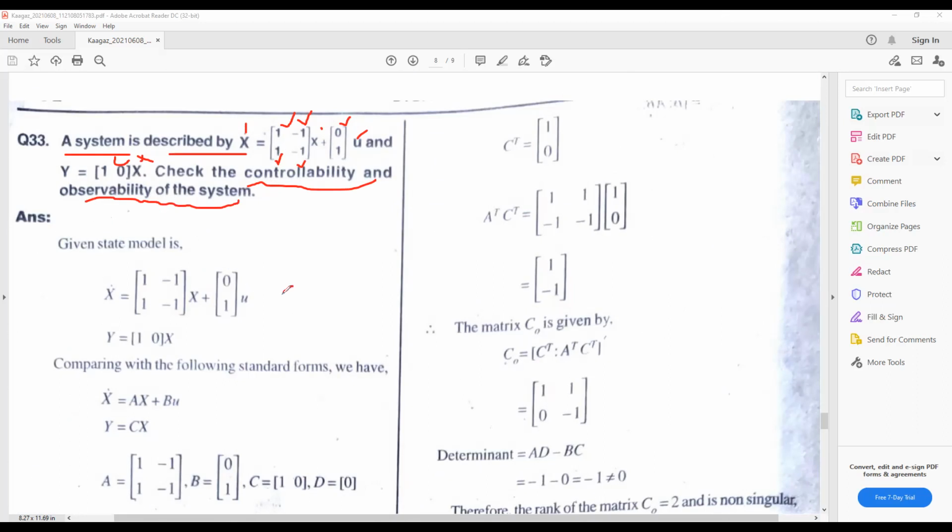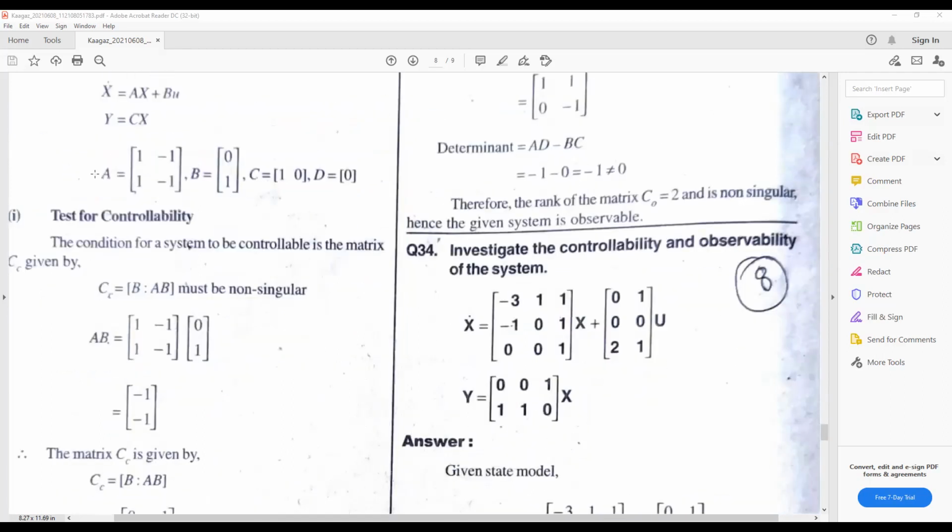Comparing with the standard forms, state equation x dash is equal to A x plus B u and output equation y is equal to C x: the A matrix is 1 minus 1, 1 minus 1.